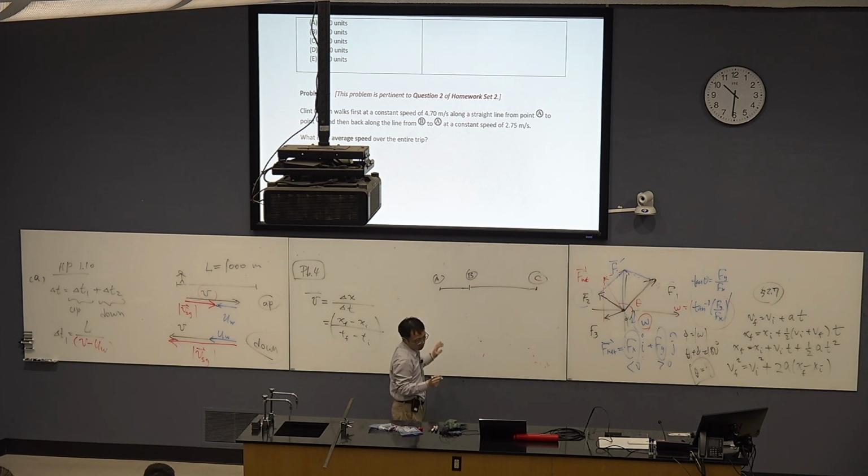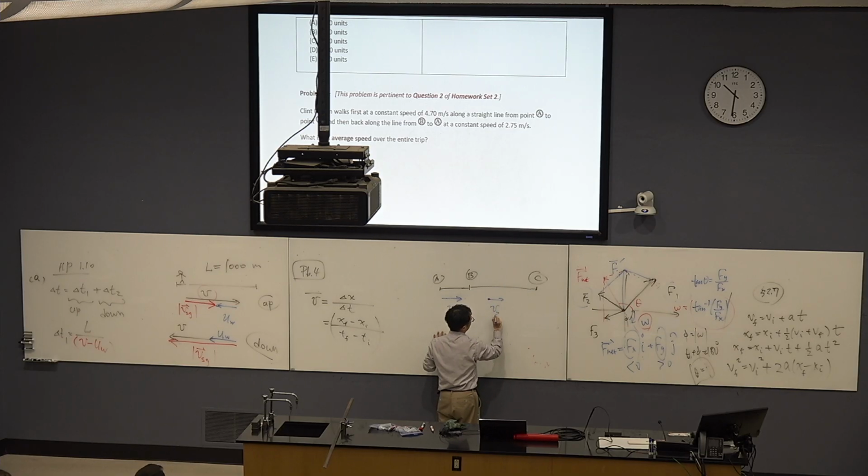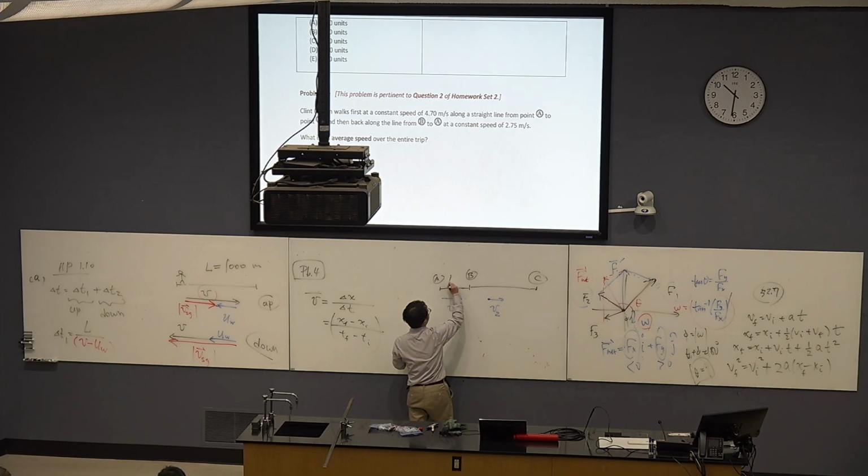Now suppose some person walks from A to B with a certain speed. Okay? And that speed, when that person walks from A to B, is called V1. For example, and when that person walks from B to C, that speed is called V2 here. Okay? And then the distance between A and B is called L1.